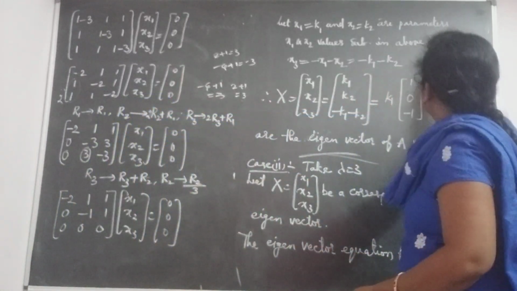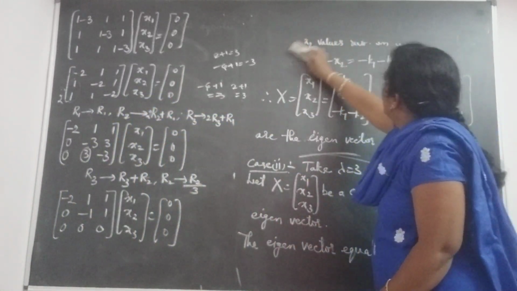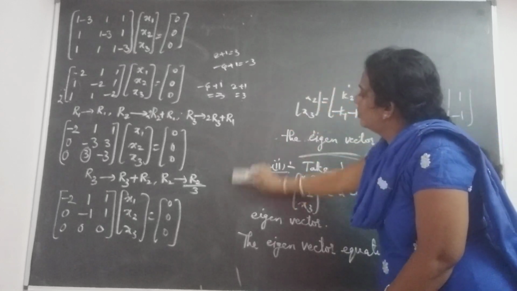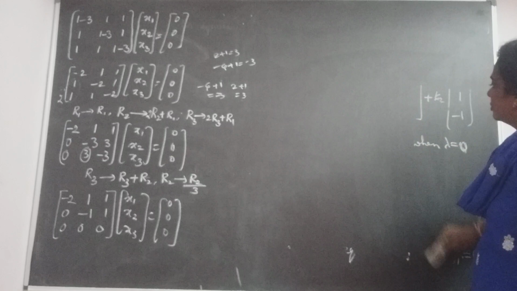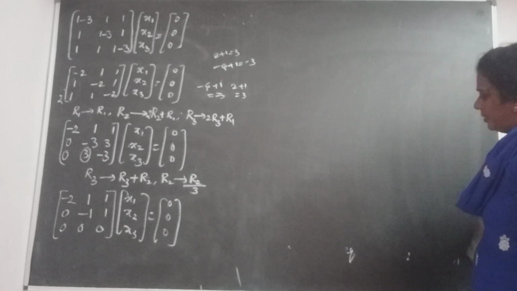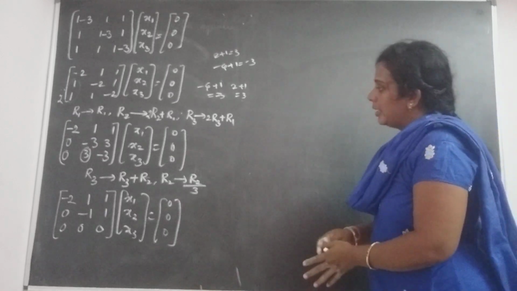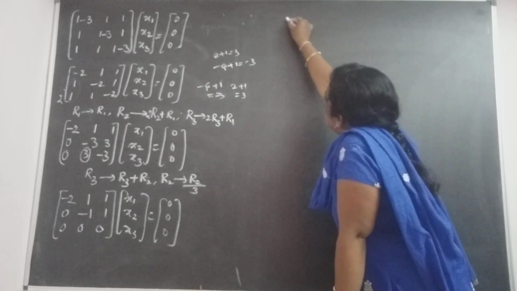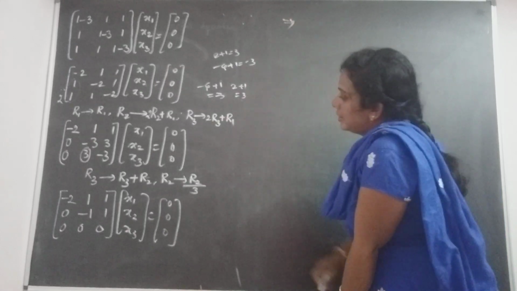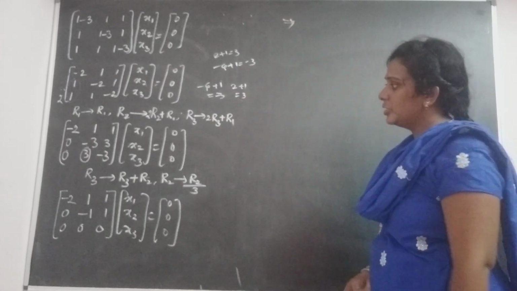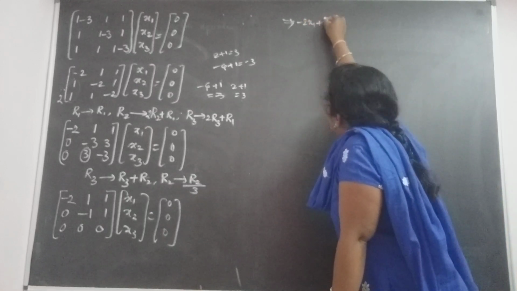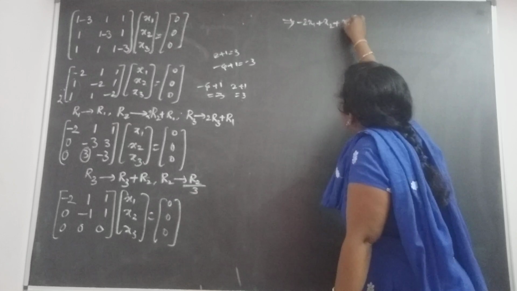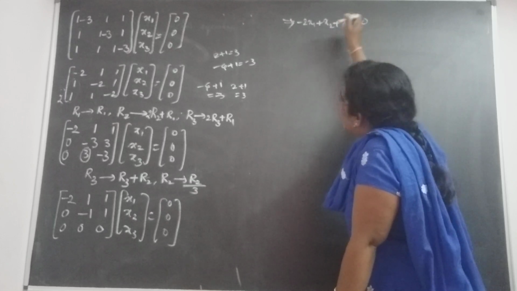Here only one root is repeated, so one row will be 0 by reduction to echelon form. Okay. Here the two matrices are multiplied and expressed in equation form. That is minus 2x1 plus x2 plus x3 is equal to 0.